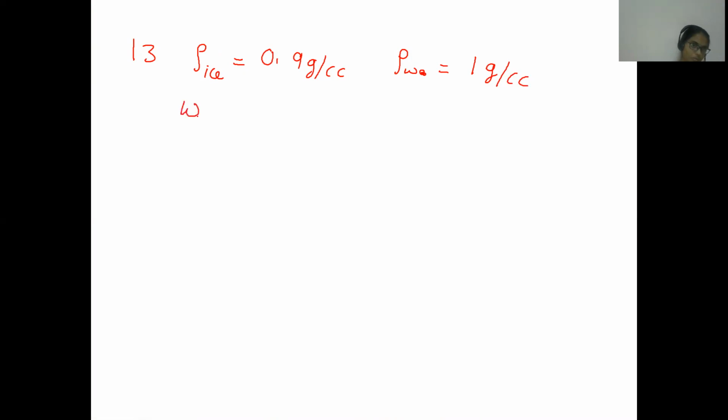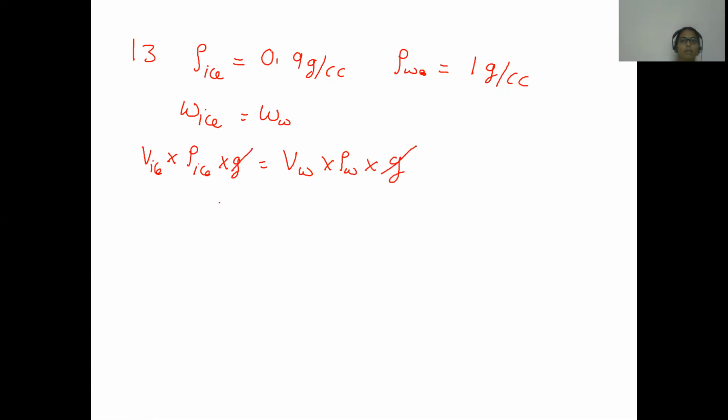Weight of ice is equal to weight of water. We know this relation. We can write weight of ice as volume of ice into density of ice into gravity. And at the same time we can write here also volume of water into density of water into gravity. Again, on both sides gravity is the same, children, so it will cancel out.